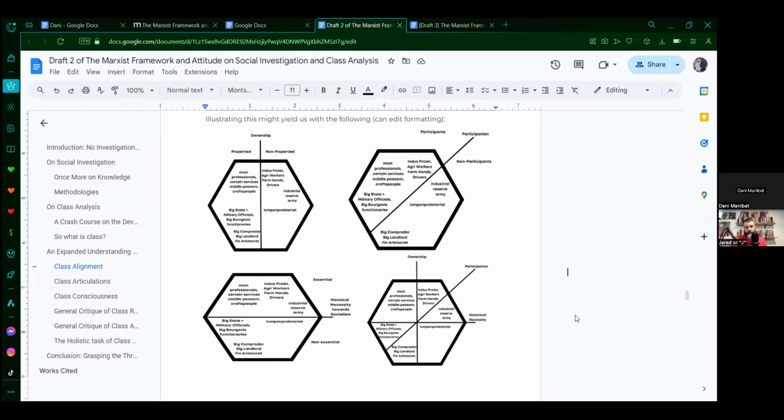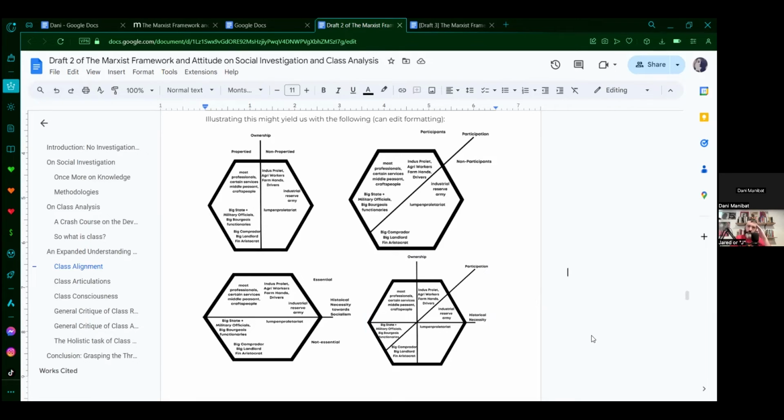So for example, on the basis of ownership, definitely you'd have the industrial proletariat, agricultural workers, farmhands, drivers for public transport. You'd have the Industrial Reserve Army, and you'd even have the lumpen proletariat as a non-propertied class.